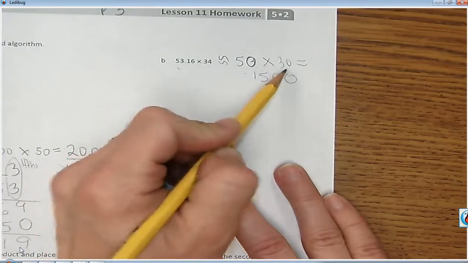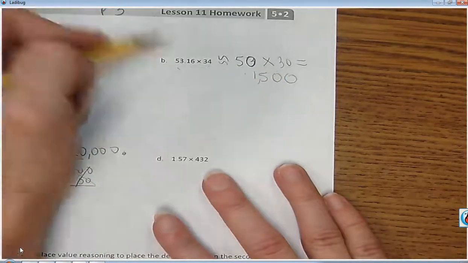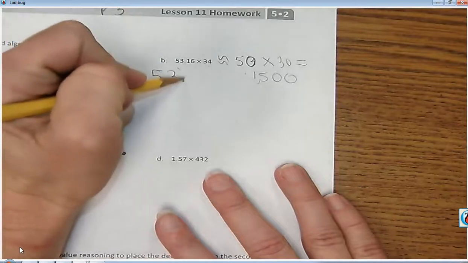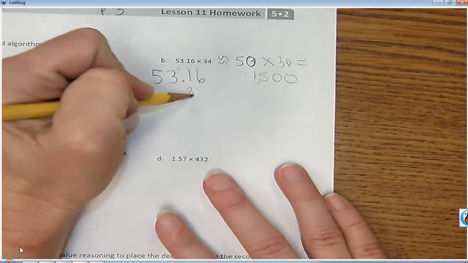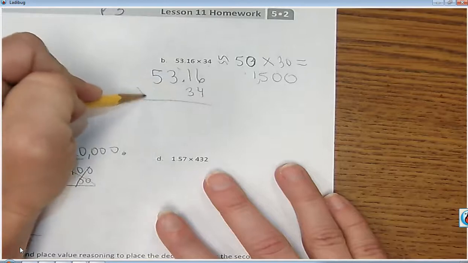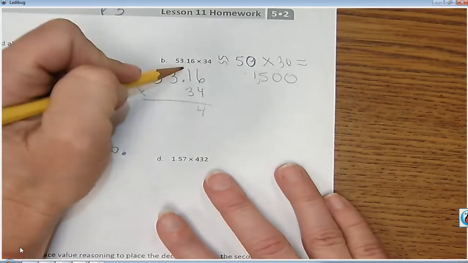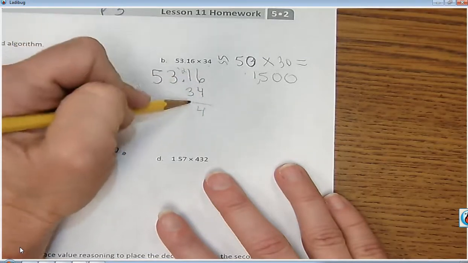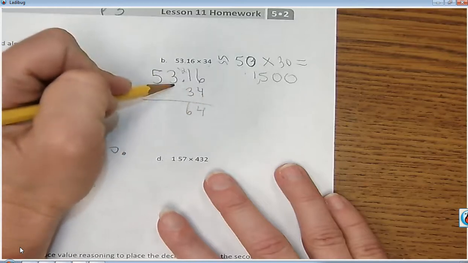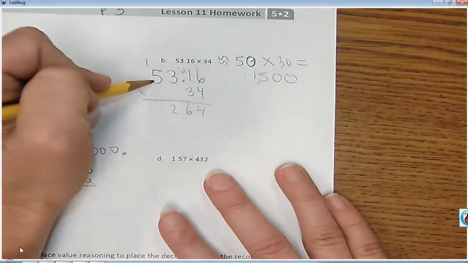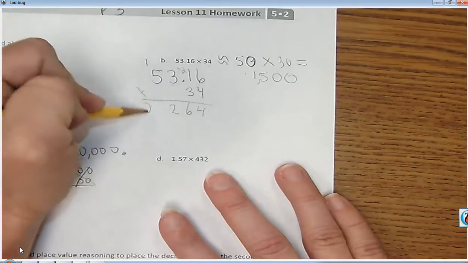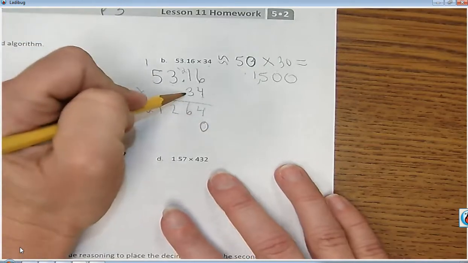Five times 3 plus the 2 zeros. So I should get about that when I'm done. $21. Add your 0 for the times 30.